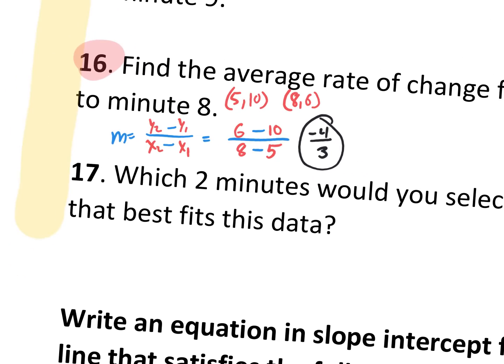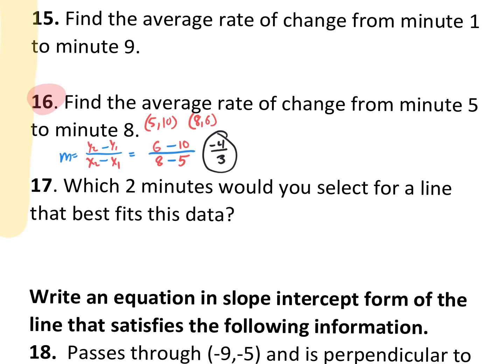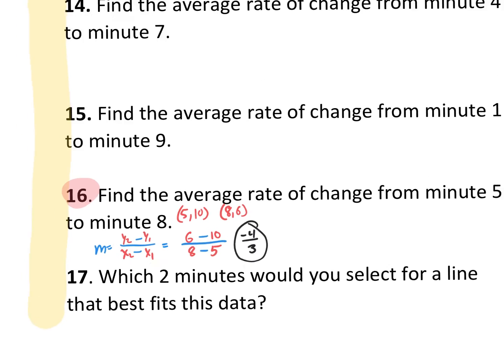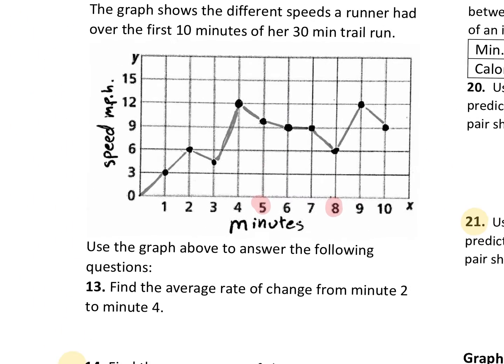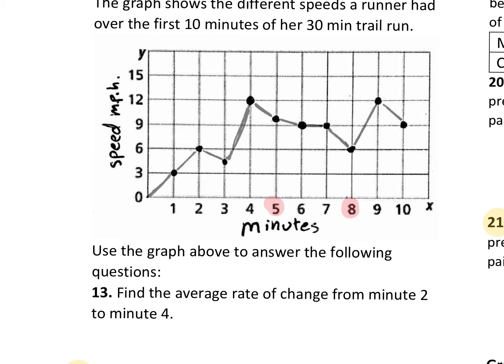Now, the last one, it says, which 2 minutes would you select for a line that best fits this data? The truth is the answers may vary, but if you take a line, I have my red line right here, and if I pick the first point and maybe the second to the last point, like minute 1 and minute 8, that'd be a decent line that best fits.